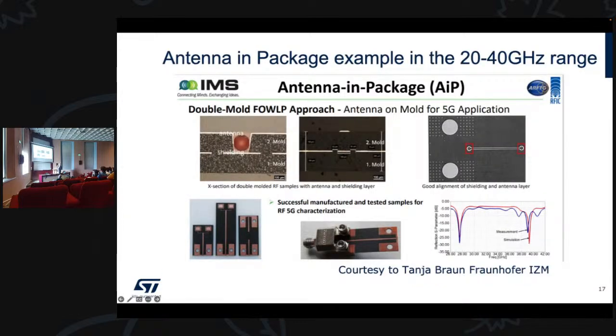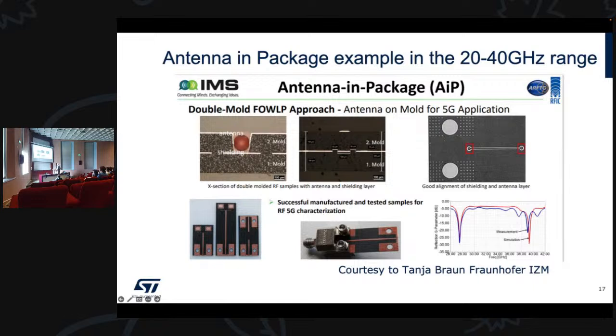A few examples now. One thing we have to do is in millimeter wave, you can't lose power between your circuit, so your power amplifier, and your antennas. And in the same way, you can't have loss between your antenna and your LNA.